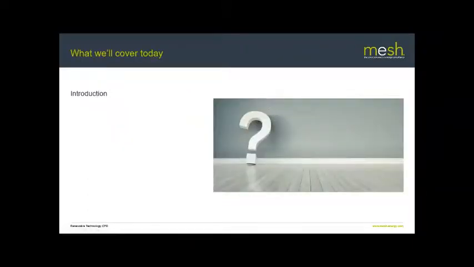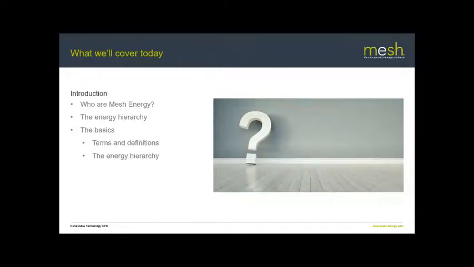Today we'll cover the following: an introduction to Mesh Energy, the energy hierarchy, some of the basics of ground source and air source heat pumps, some terms and definitions, the energy hierarchy in more detail, what a heat pump is, and how it cools.